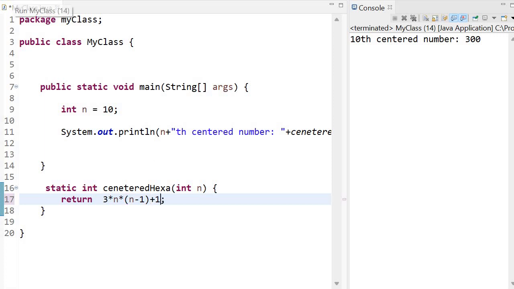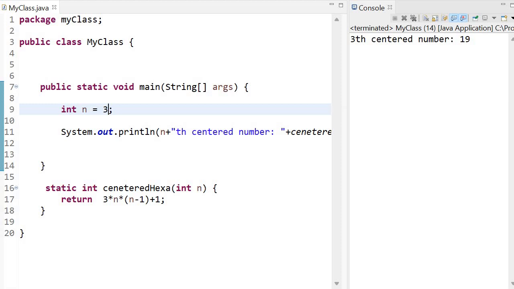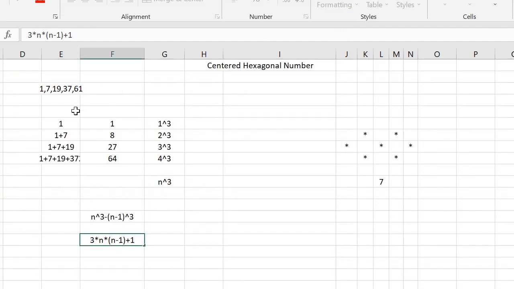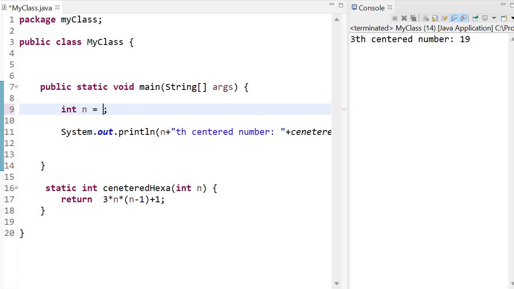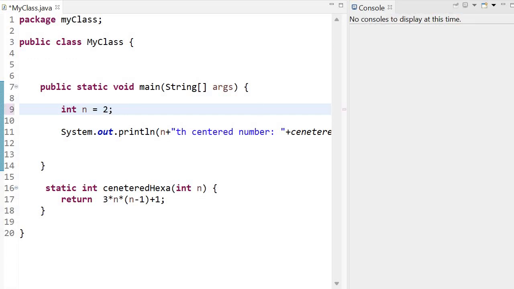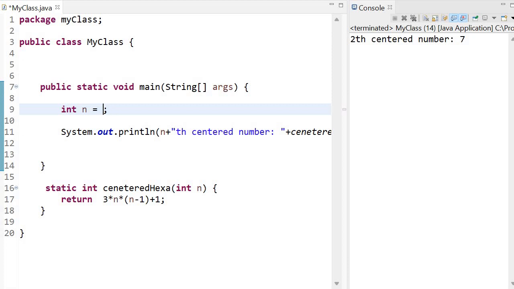That is why I was thinking, now it is correct. I was wondering why it was going wrong, right? So if you can see, the third number was 19, right? So for second it should be 7, for first it should be 1, right? Hope you guys understand the concept. Thank you very much.